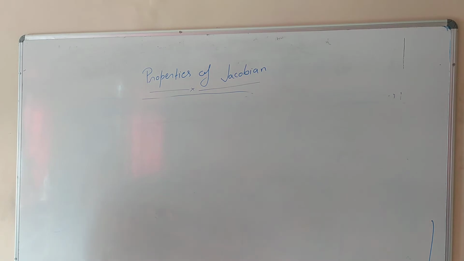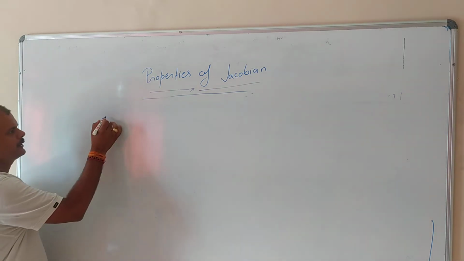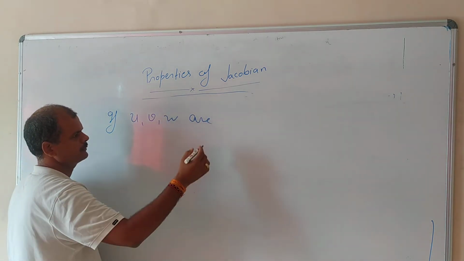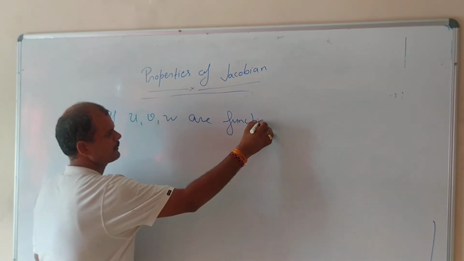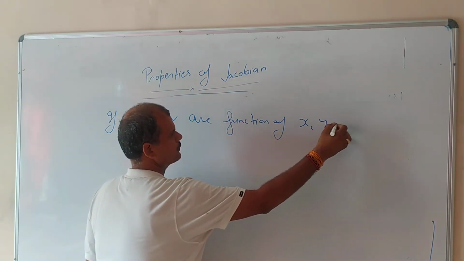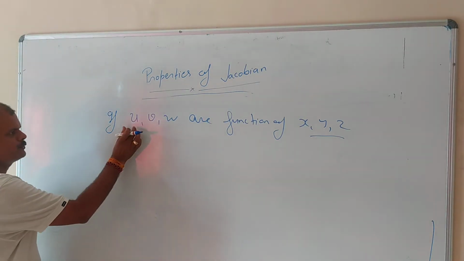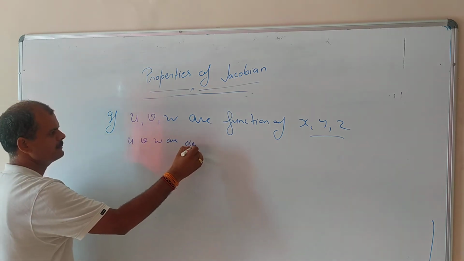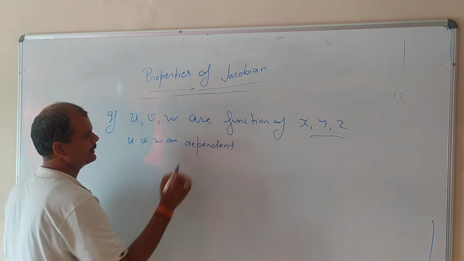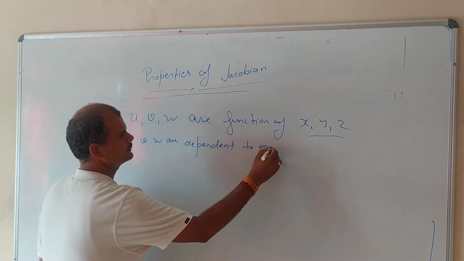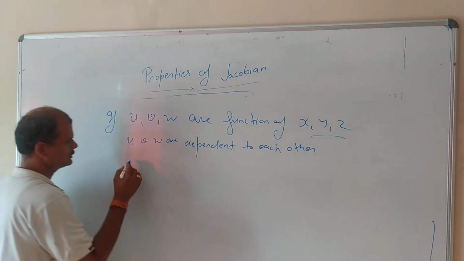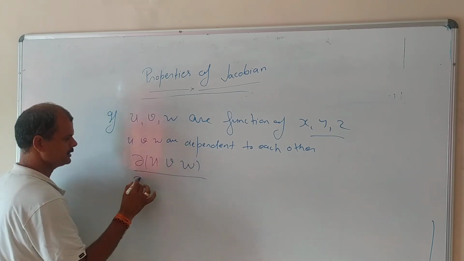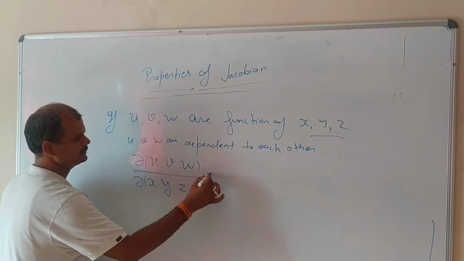If u, v, w are functions of x, y, z, and if u, v, w are dependent to each other, then the Jacobian of u, v, w with respect to x, y, z will be 0.